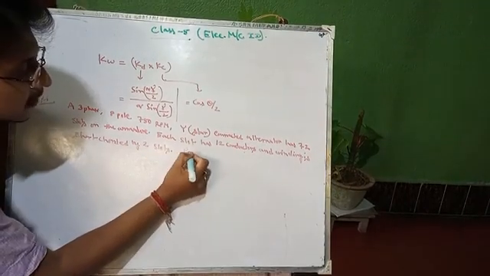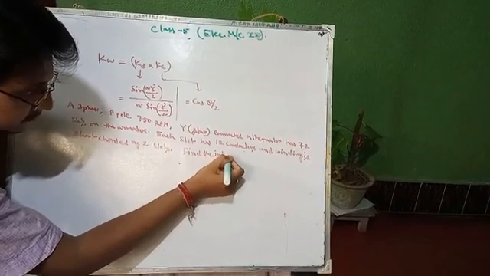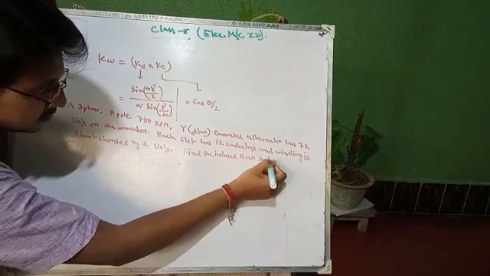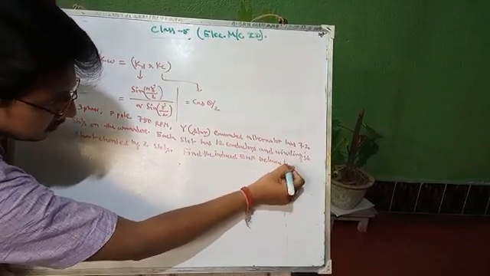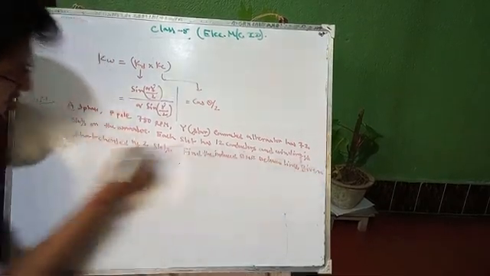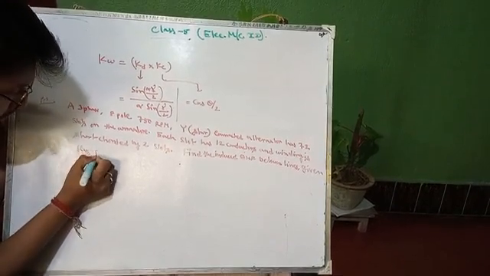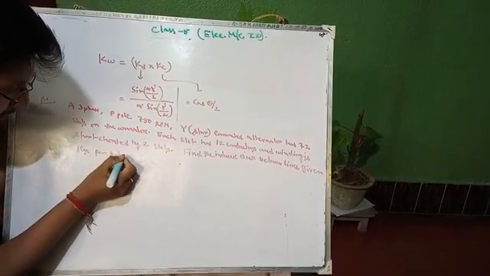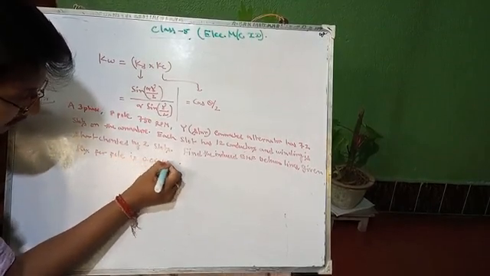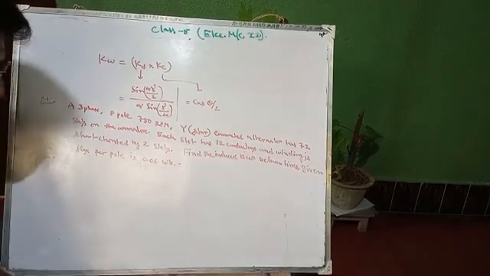Find the induced EMF between lines, given flux per pole is 0.06 Weber.